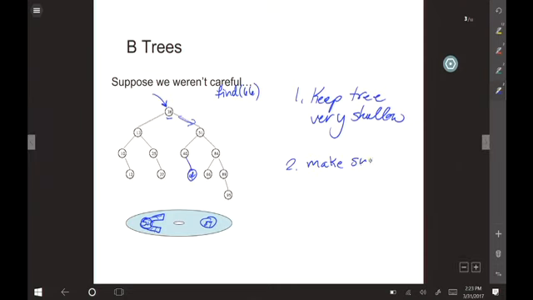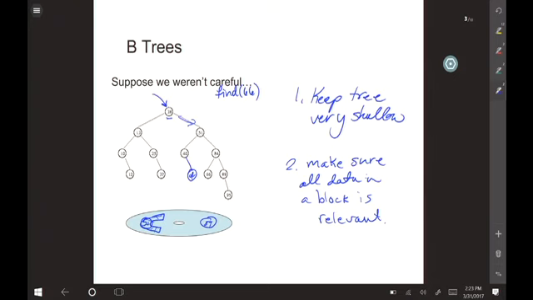Make sure all the data in a block is relevant. That starts with B, that stands for BTree. All right, so those two are related to one another. If every level of your tree induces a disk seek, then you can minimize the number of disk seeks by making sure everything you bring back is useful to you.